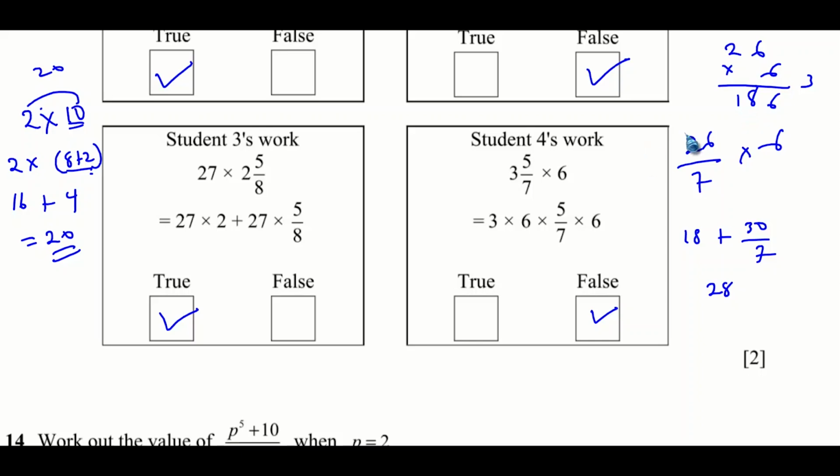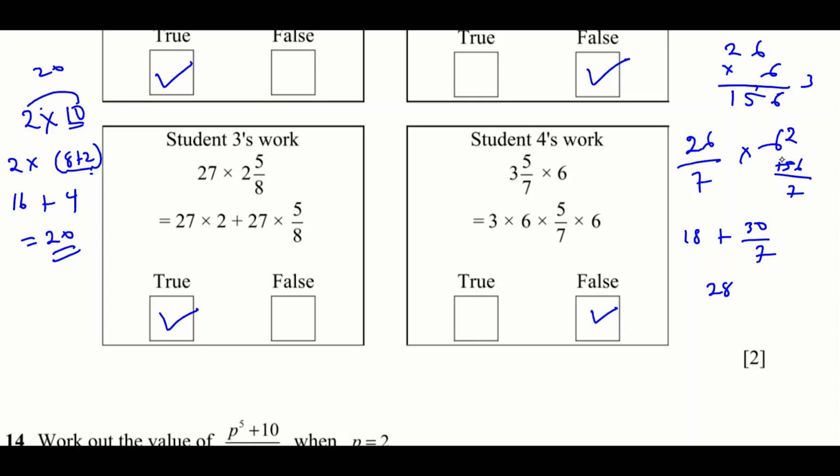Oh, sorry, I think I made a mistake here. You do 6 times 6, that is 36. So you have 6, you keep 3. 6 times 2 is 12. 12 plus 3, that is 15. 156.